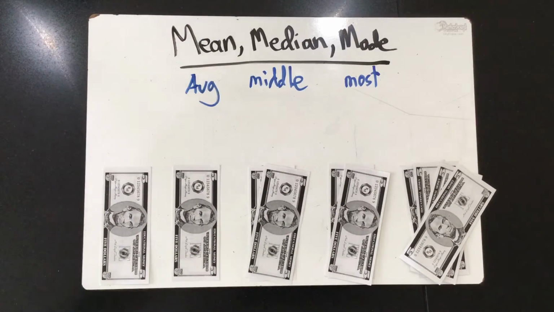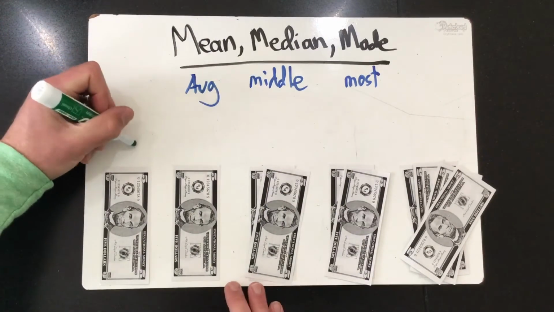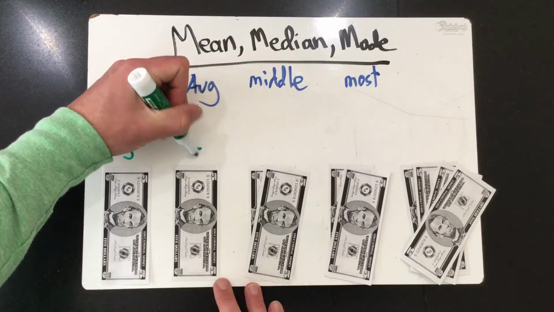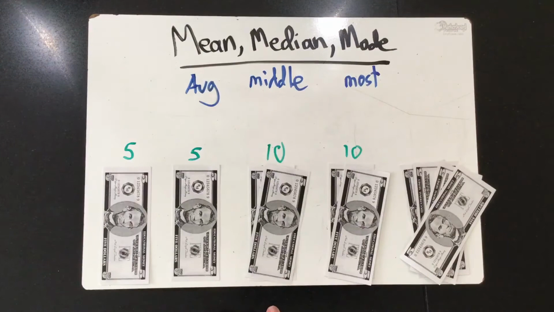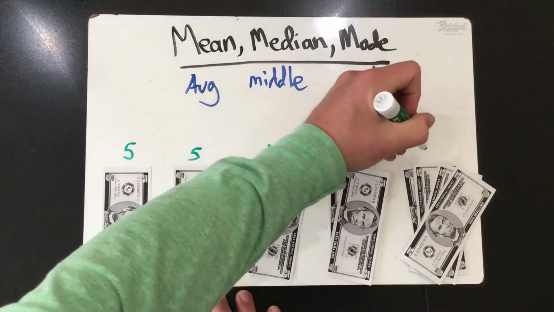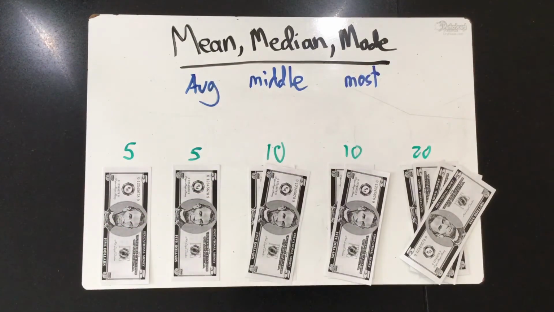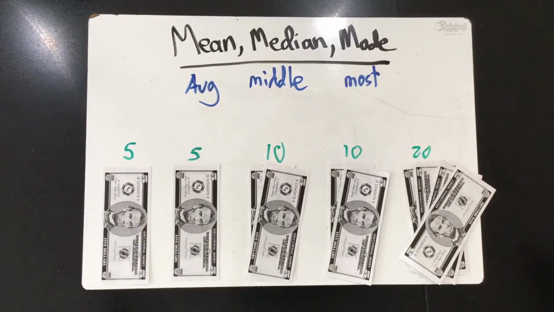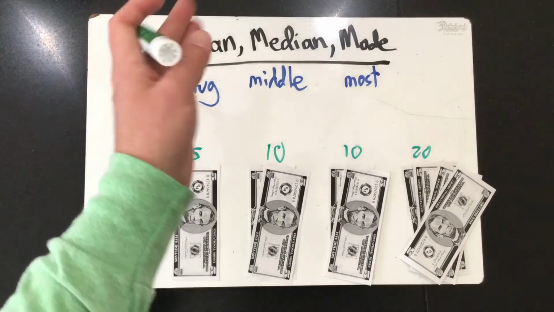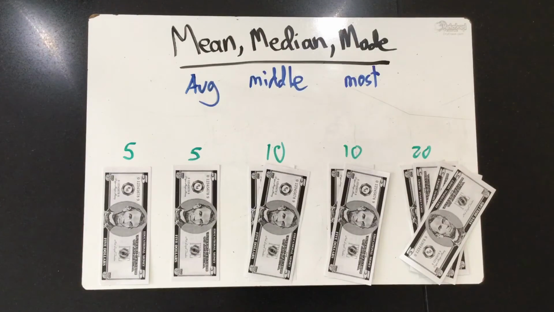They go into their piggy banks, and one student brought $5, another student brought $5, and then two brought 10, and one person either has incredibly generous parents or has really been saving and has 20 bucks. So this is a data set right here: 5, 5, 10, 10, 20. We want to express something from this data, so we can use the mean, median, and mode to explain that.